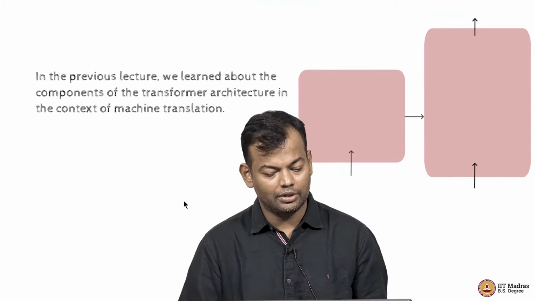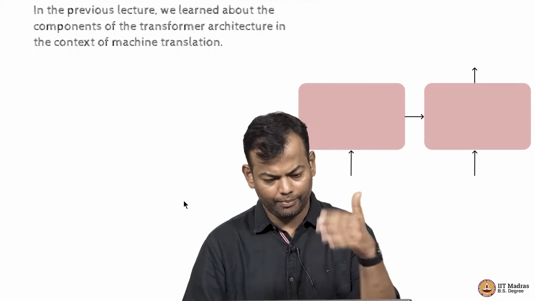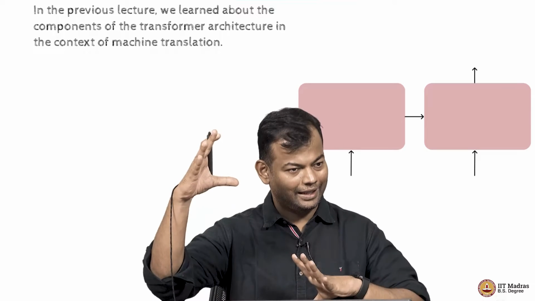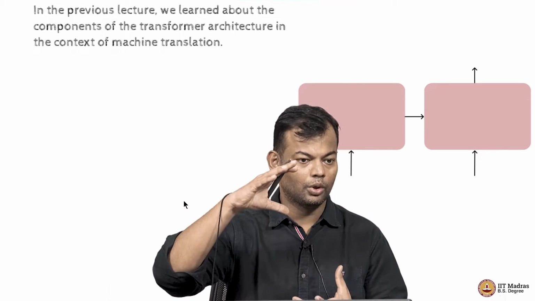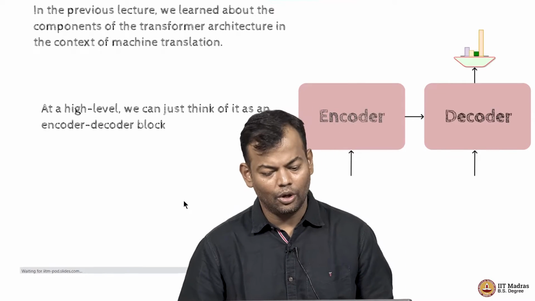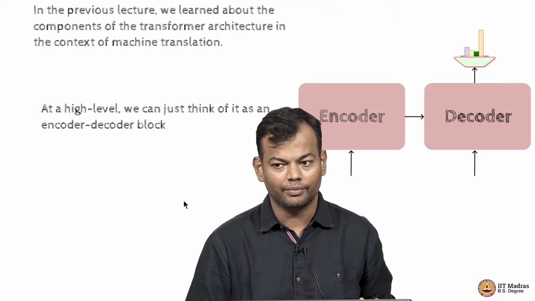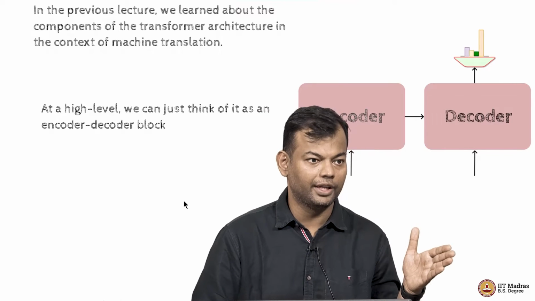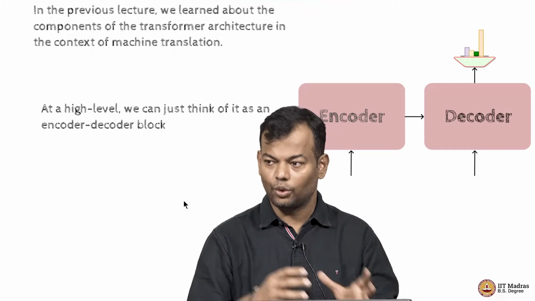Now, the question that I want to start with is, before I go to the question, I could think of that entire zoomed out version of the encoder and decoder, or I could work with an abstraction where you think of the transformer architecture we were learning in the context of machine translation as an encoder and decoder.